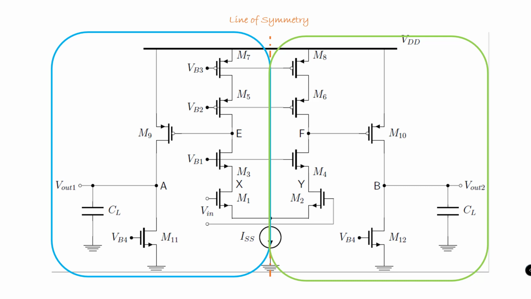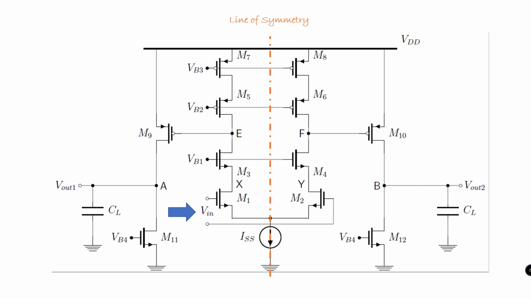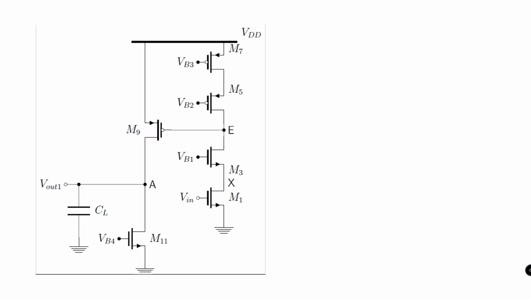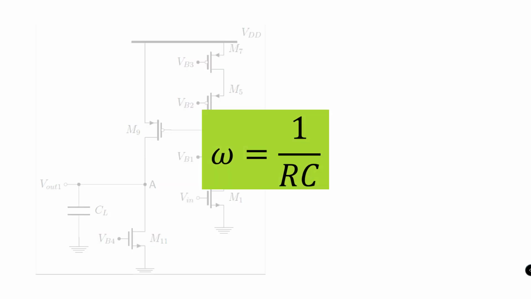Now, to this symmetric circuit, when an antisymmetric input is applied, the tail node is basically driven to ground. Because the circuit is symmetric, let's focus only on the left half of the circuit. Recall that a pole or a zero is basically defined by this expression.